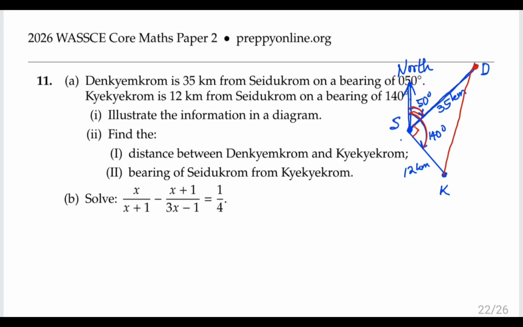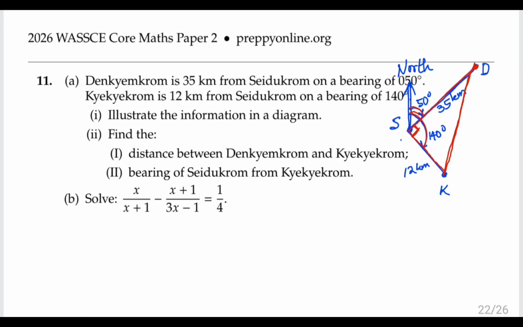So the remainder, if you subtract this 50 from 140, leaves only 90 for this side. So we have a right angle triangle in which one side is 35, the other side is 12, and we are asked to find the hypotenuse of that triangle.